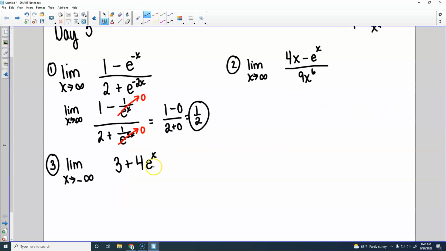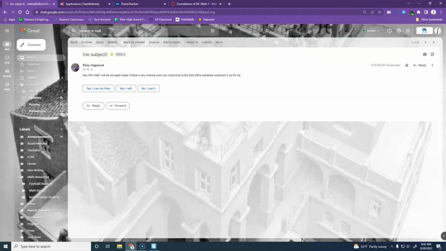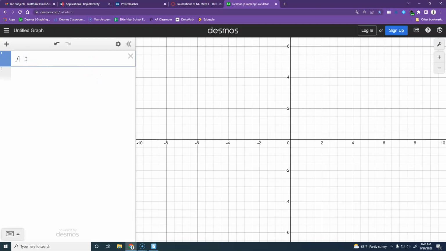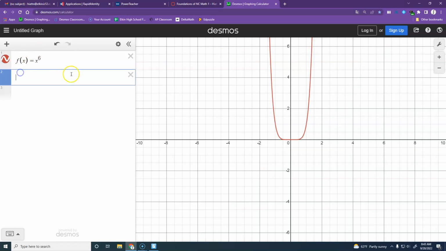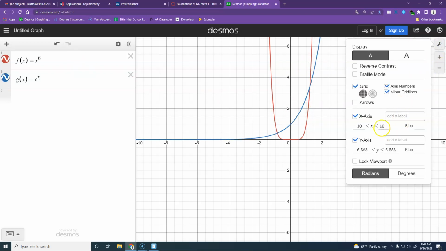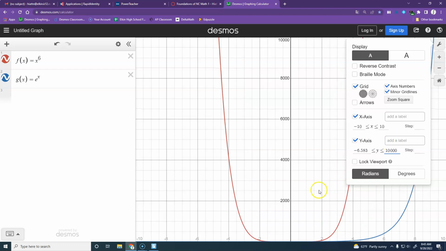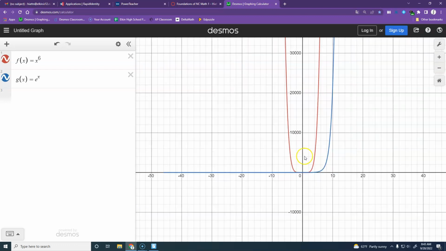Let's go to Desmos on this. Here's why. If I've got f of x, if I've got x to the 6th power, it's a really steep line, right? But if I look at e to the x, okay, and I'm going to go over here with the wrench, and I'm going to make my y really big, so I probably have to zoom out even more.